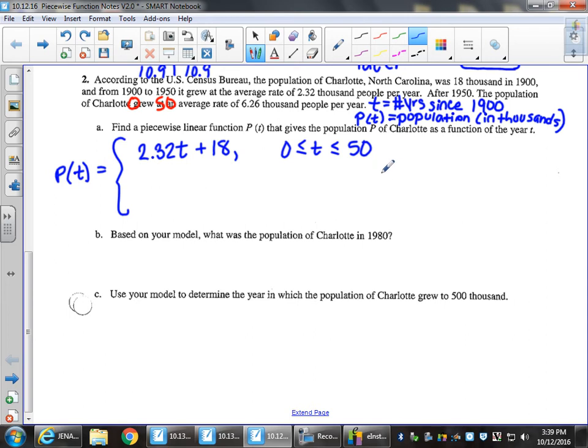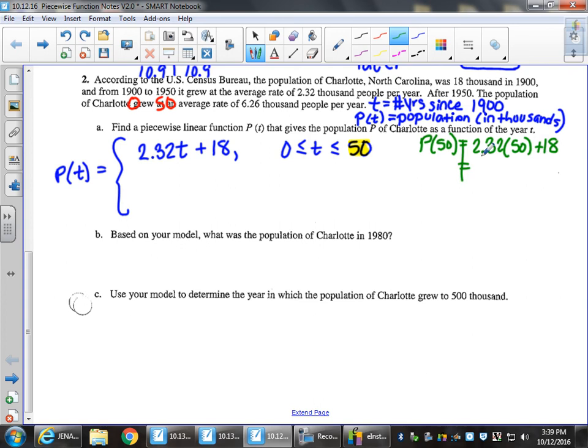So again, population doesn't just reset. We don't start back at 0. I need to figure out how this piece connects to the next one. To figure out that connection, we're going to take 50 and substitute it into the first piece. We're going to calculate P of 50, which would be 2.32 times 50 plus 18.